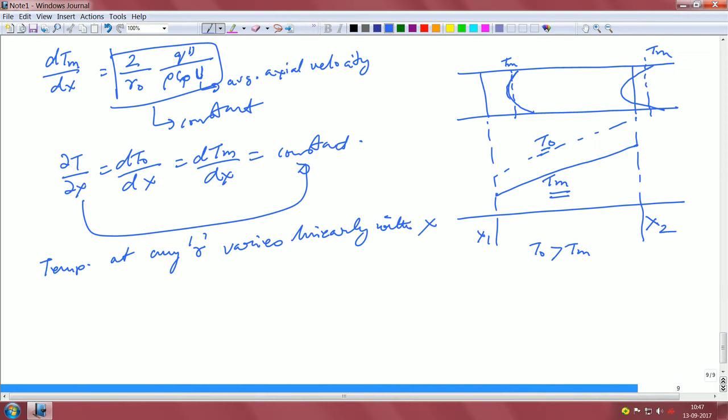You can see the curvature over here and easily make out that the wall temperature will be the highest. This is T0, this is Tm, if there is any ambiguity. So, that is the wall temperature and the mean temperature. Between any two locations x1 and x2 you will see all of them going up like that.